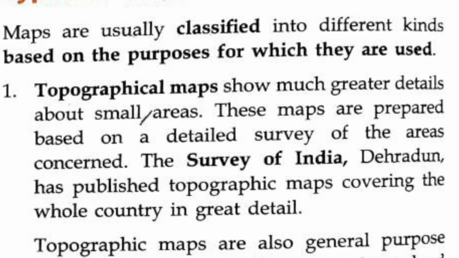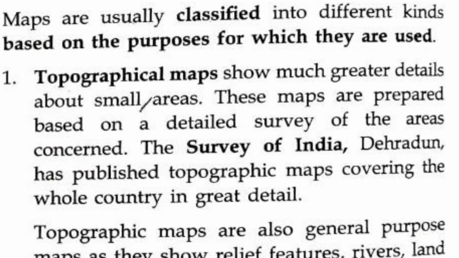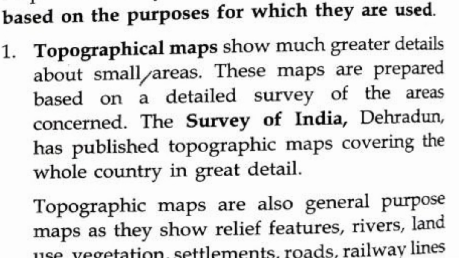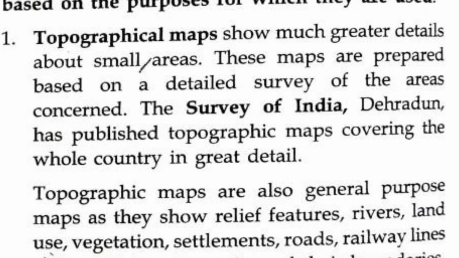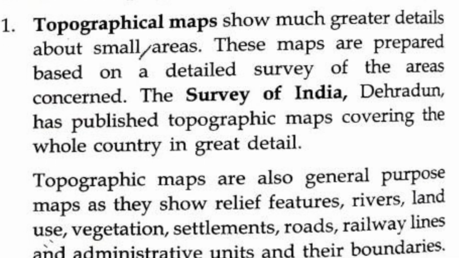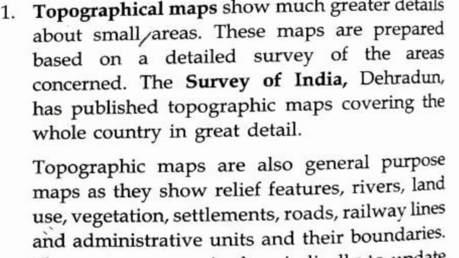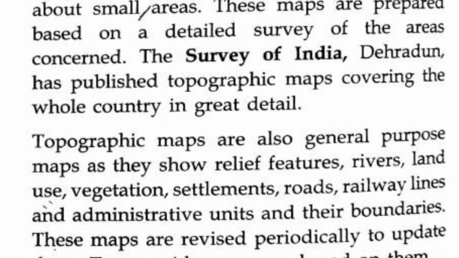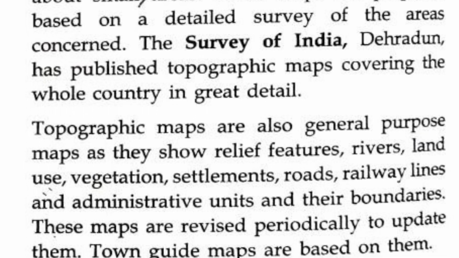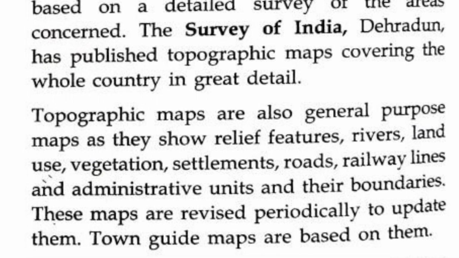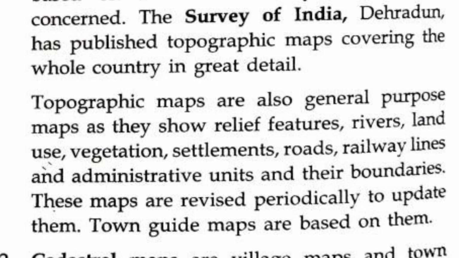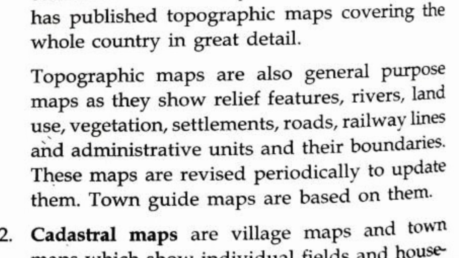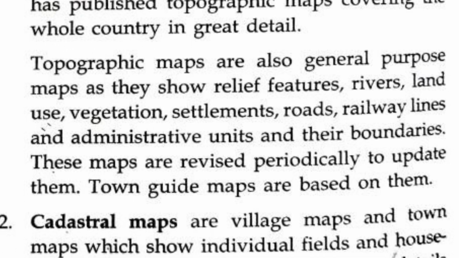The Survey of India, Dehradun, has published topographic maps covering the whole country in great detail. Topographic maps are also general purpose maps as they show relief features, rivers, land use, vegetation, settlements, roads, railway lines, and administrative units and their boundaries. These maps are revised periodically to update them.